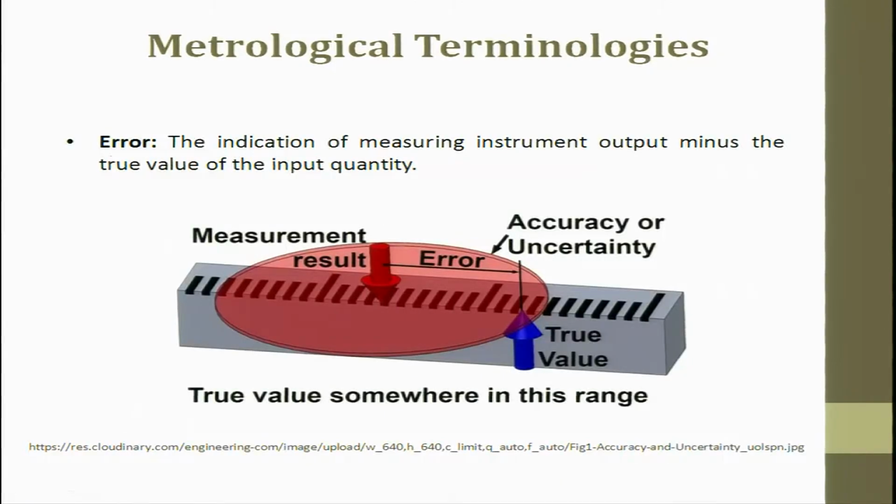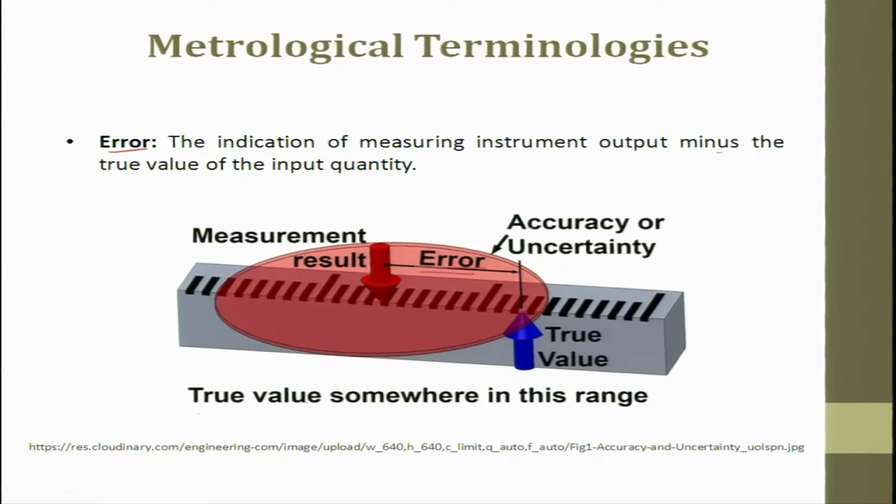So when we talk about error, what is an error? The indication of the measuring instrument output minus the true value of the input quantity is always the error. Here is the measurement, and the true value is somewhere in the range. Here is the result whatever you get. The difference between these two is nothing but the error.